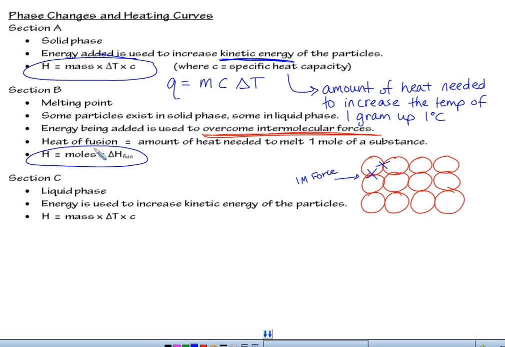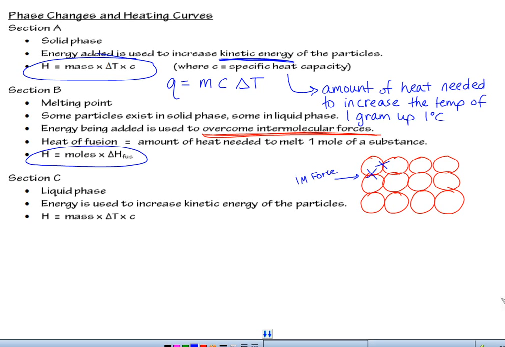Here's our equation for heat of fusion. It's defined as the amount of energy required to melt 1 mole of the substance. Now, sadly, they don't give you this equation in the AP packet, so some people freak out. But it makes sense.